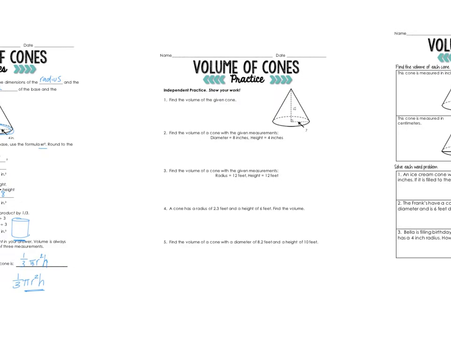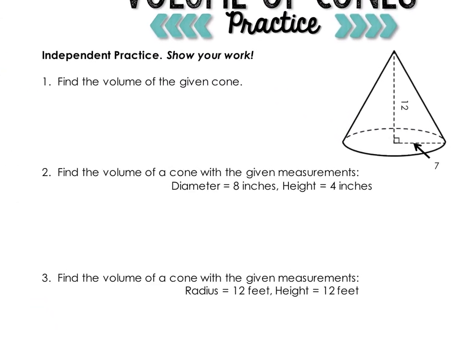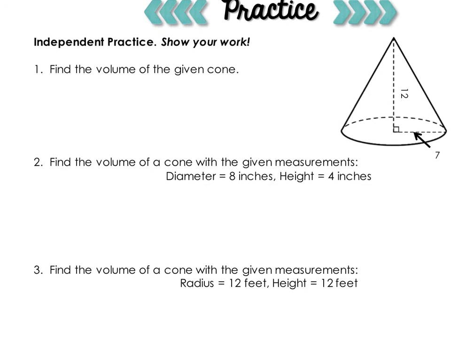Alrighty. Practice problems. Here we go. Find the volume of the given cone. So again, we've got to make sure we've got a radius, not a diameter. I believe that is the case here. So let's find the volume. If we're going to use a formula, we might as well write it out. So pi r squared h, and remember, we want 1/3 of that. We're just multiplying 4 numbers together.